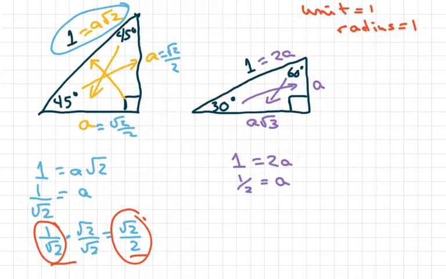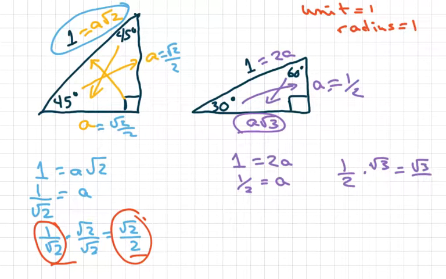And then I plug in my A. So we have A is 1/2 here, and for this one, it's 1/2 times the square root of 3, which equals the square root of 3 over 2. So that's where your numbers come from. And if you're watching this video, you've seen these numbers.